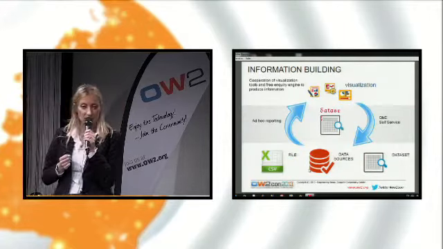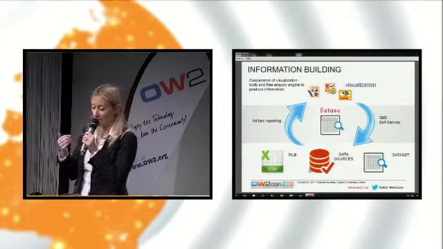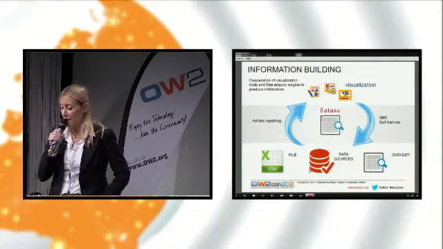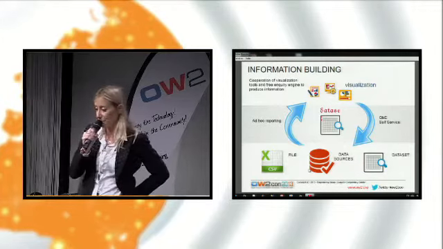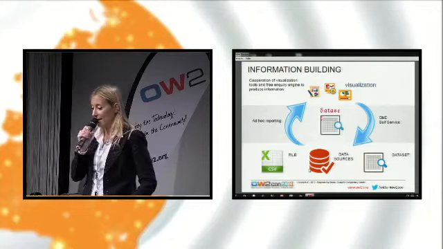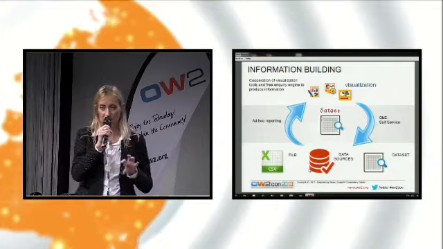Let's go back to the information building, what I was saying at the beginning. So what do we mean by information building? You see that in the middle there is still the dataset concept, which manages all the connections. And you can see that it can use different kinds of sources this time.